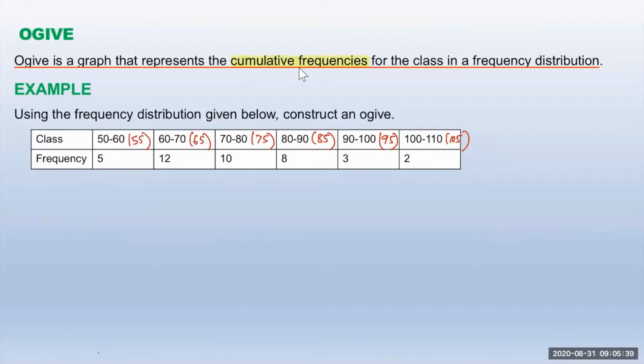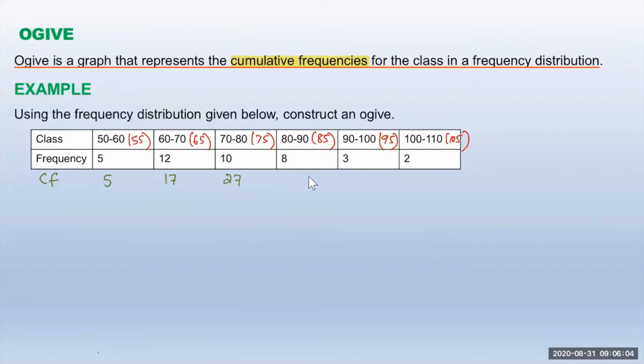So we have to find the cumulative frequency. Only frequency is given, so let's find the cumulative frequency. Cumulative frequency for the first is 5. The next one will be 12 plus 5, which is 17. The next one will be 10 plus 12 plus 5, which is 27.